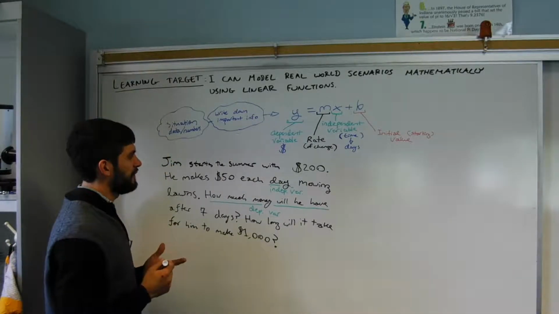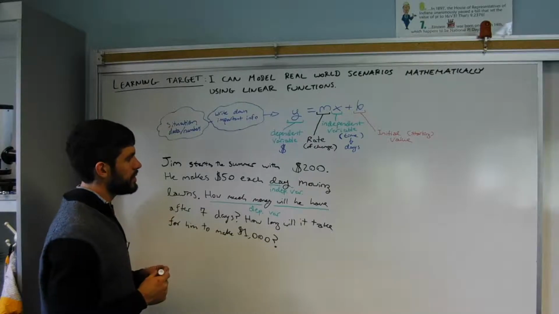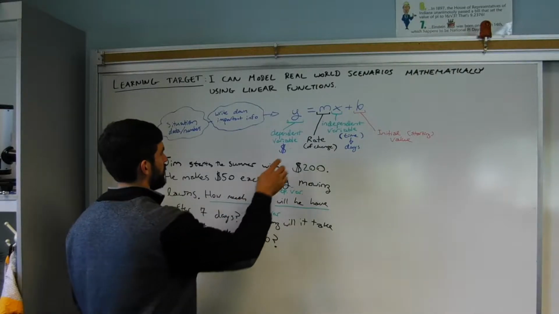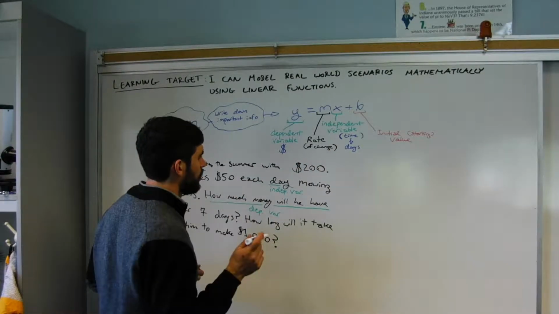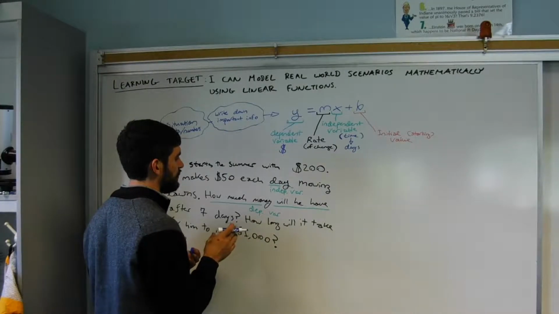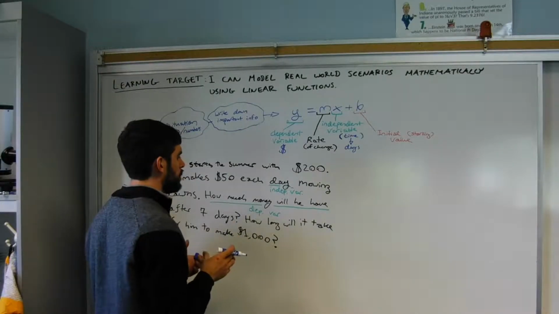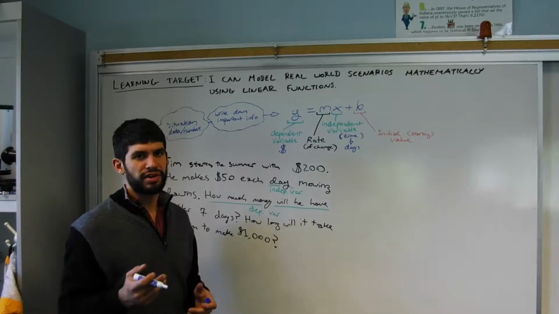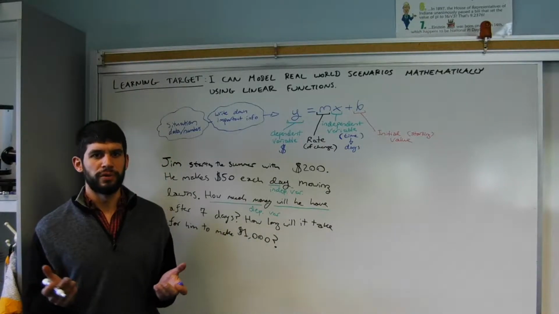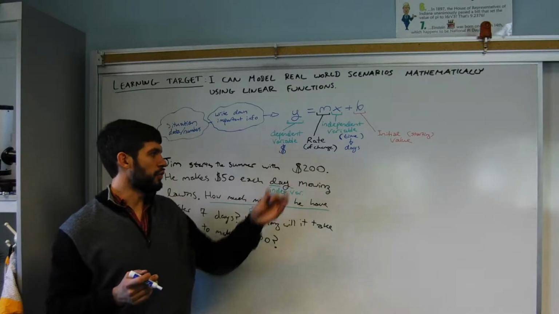So we identified our variables. In our equation, we can either just use y or x, or in real world situations, it's helpful to use function notation and use letters that denote the different quantities.